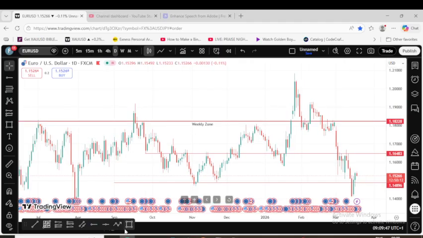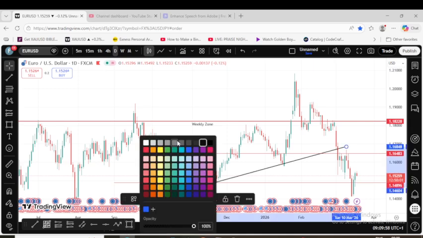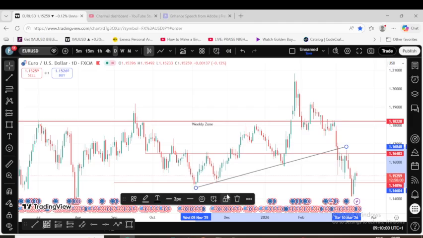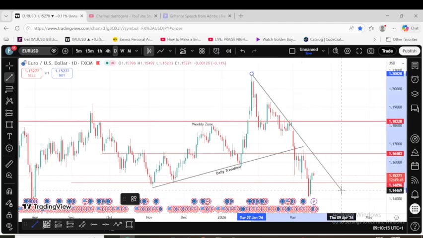This is a trend line that we can draw, but this trend line has already been violated. It's a triple bounce, because the trend line has been broken. This is a daily trend line. We have another trend line here.